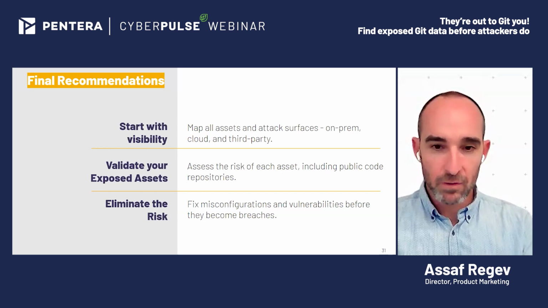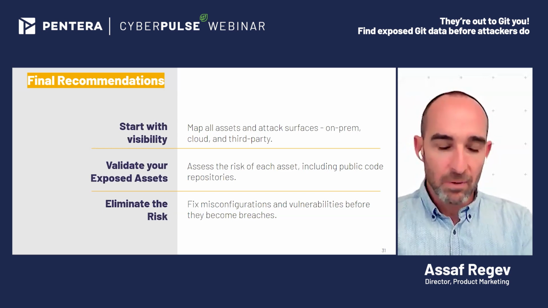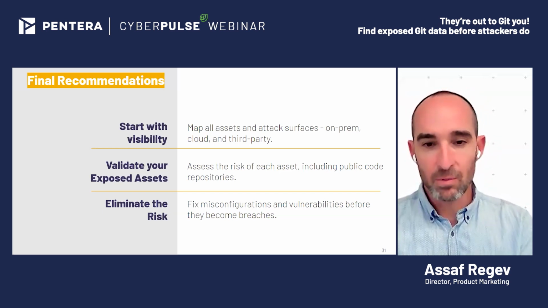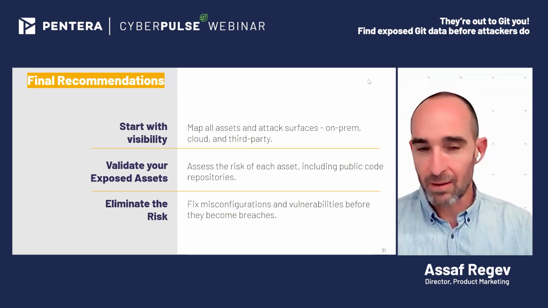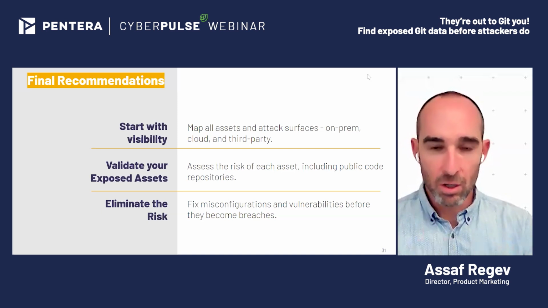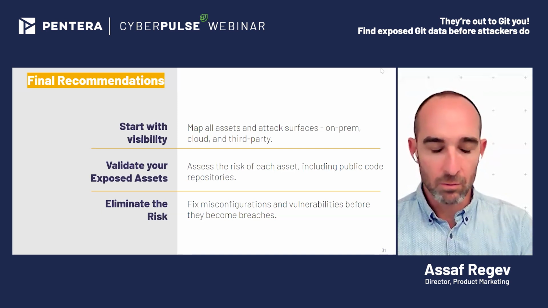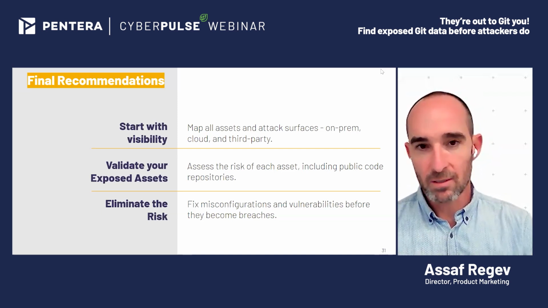So fix the misconfigurations, look at the vulnerabilities before they become, as it says here, the next breach, before they become the next headline. That's the notion. You need to have that context in order to have the confidence to go about fixing or remediating those risks.